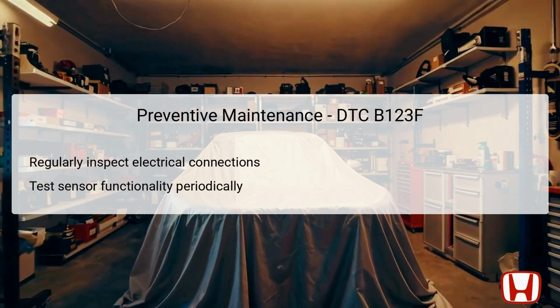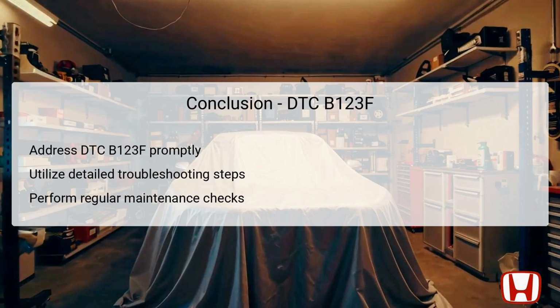under various driving conditions. In conclusion, addressing DTC B123F related to the automatic lighting control unit and sunlight sensor error requires a systematic approach. Utilizing the detailed troubleshooting steps outlined allows for the accurate identification of the root cause and successful repairs. Essential components, including the T-Sun line, sensor comm line, and associated wiring, should be thoroughly evaluated during diagnostics.